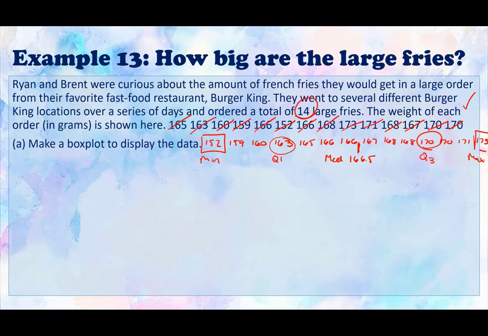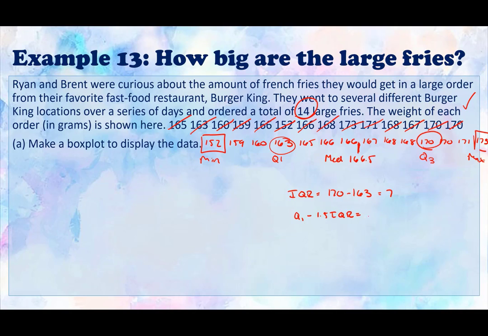So now that we have our 5-number summary, we're going to check to see if there are outliers by finding the IQR, which is going to be 170, because remember it's Q3 minus Q1, minus 163, and that's going to be 7. So now we're going to do Q1 minus 1.5 times the IQR.